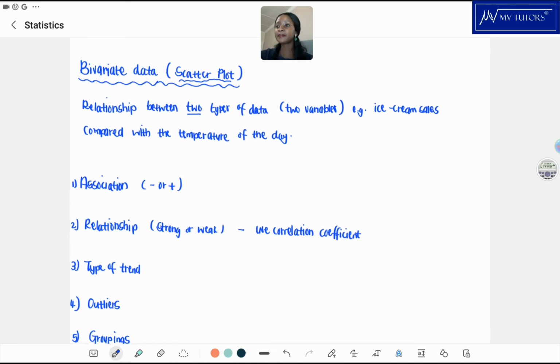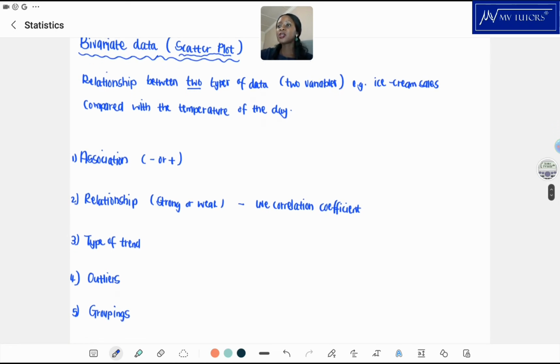Sorry about that. Okay, so as you plot your data on a scatter plot, we're going to look at the association. Association means, is your data set having a negative trend or a positive trend?